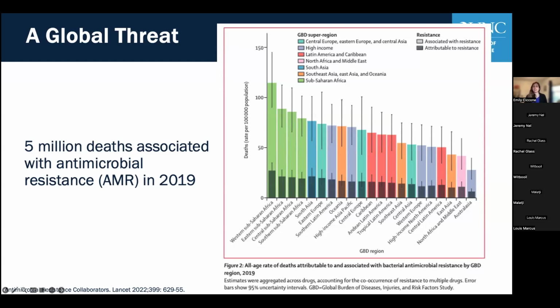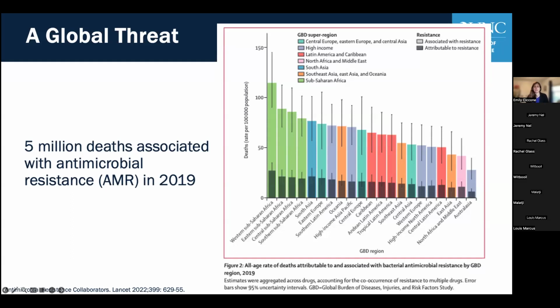And then they looked at deaths associated with AMR, considering an alternative where the drug-resistant infection did not occur at all. And by doing that, they estimated that there were 1.27 million deaths directly attributed to AMR and almost 5 million associated with AMR just in the year 2019 globally.